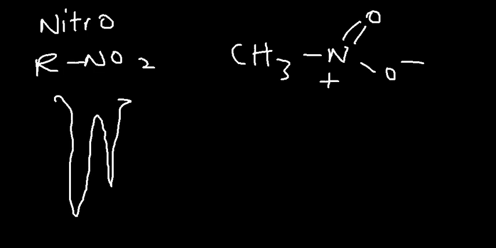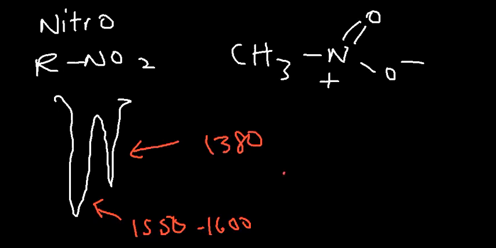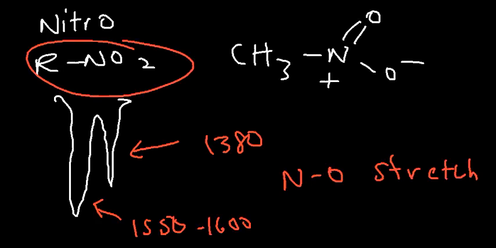The first one is stronger than the second, and it's a little bit broader. This one is around 1550, sometimes close to 1600, but in that general vicinity. And this is a little bit less, usually around 1380. They both correspond to the same thing, the NO stretch. So if you have a nitro group, those are some things you want to look for.